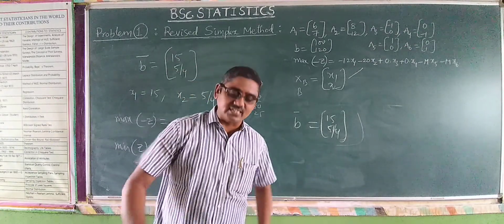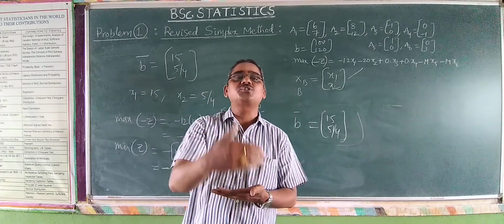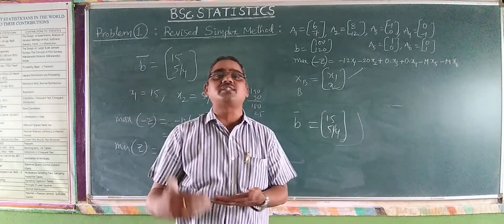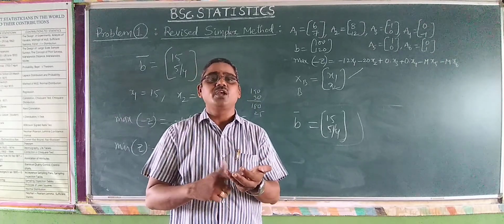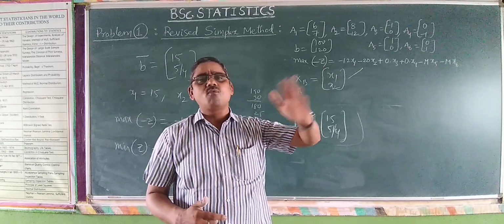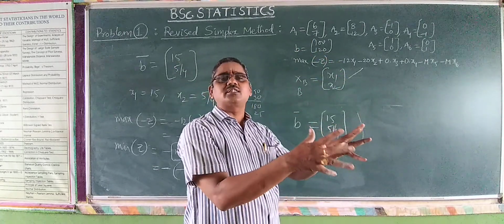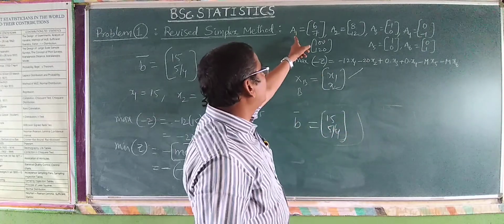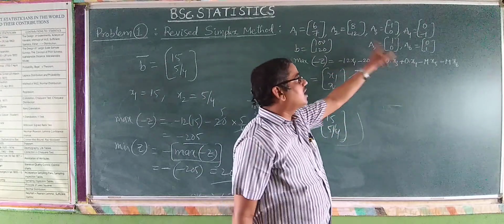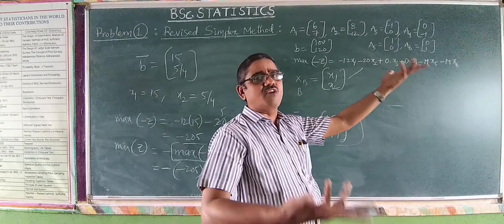So hence this is the procedure of the revised simplex method, in which you use the calculator and keep all the points in mind. Let me repeat all the points. Previously, you write all the matrices, introduce slack and surplus variables, artificial variables, whatever is required. Then you write all the vectors here, a1 to a6, or a1 to a7 or a5, whatever it may be.